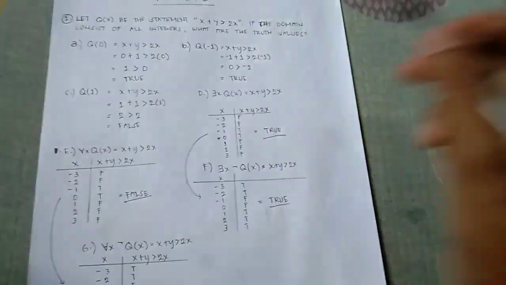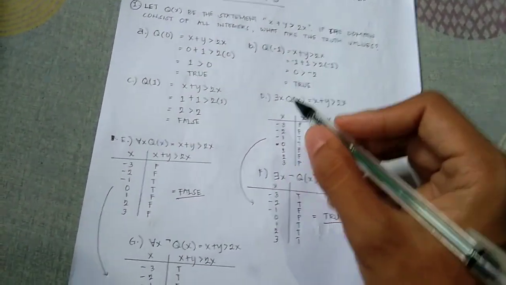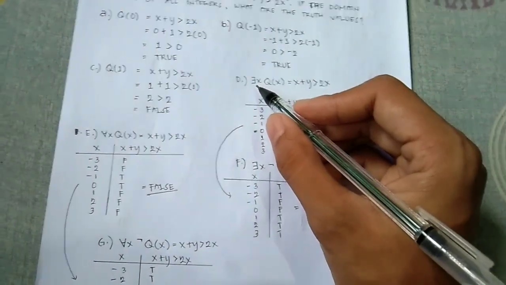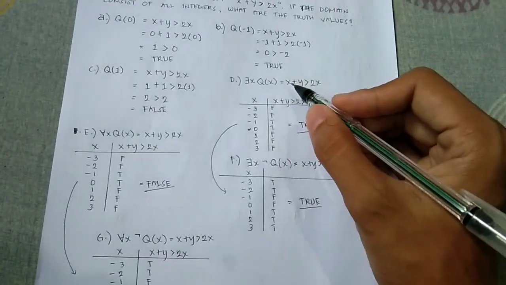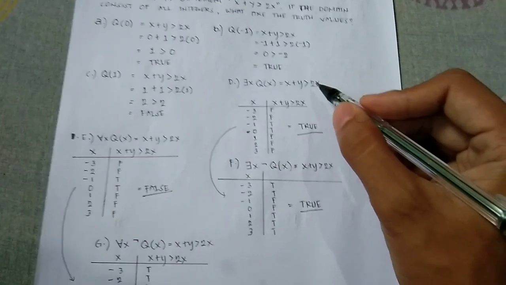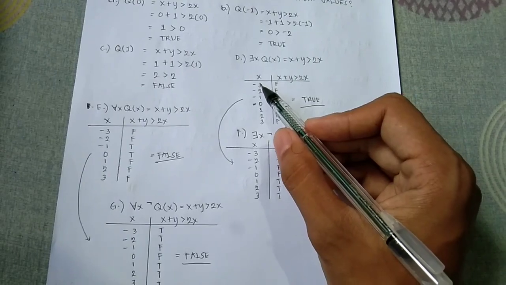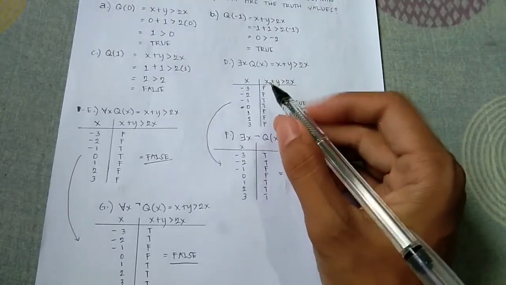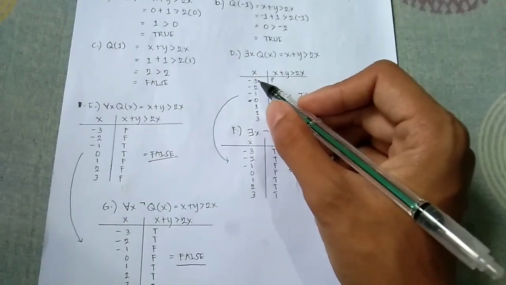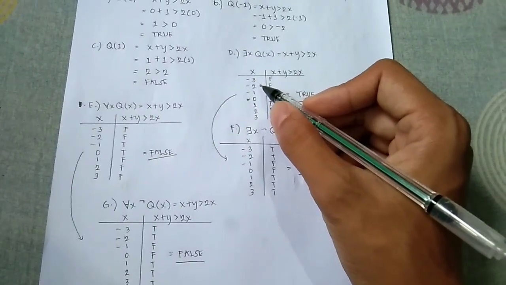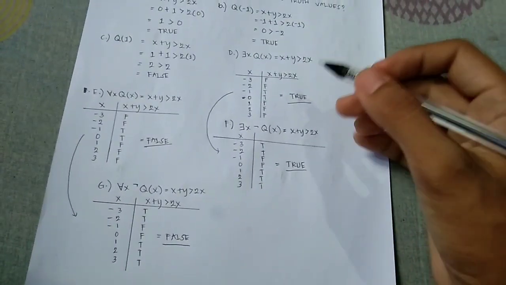D. Existential quantifier Q of x equals x plus y greater than 2x. So we make a sample table to solve this. For x is negative 3, negative 2, negative 1, 0, 1, 2, and 3.